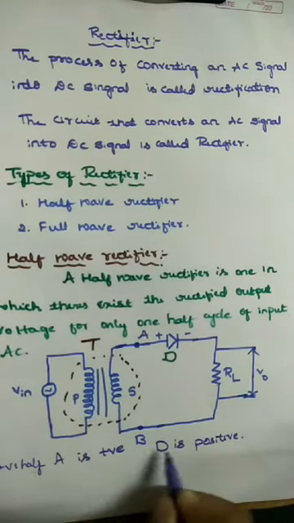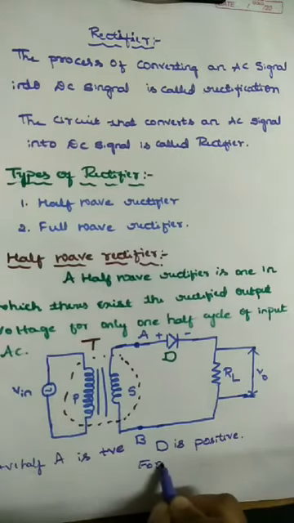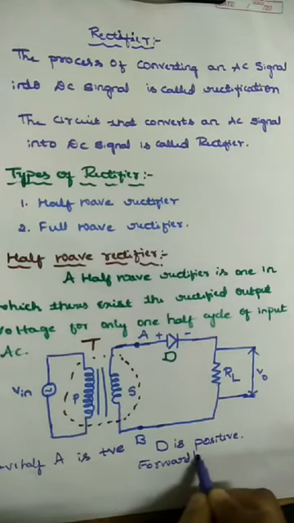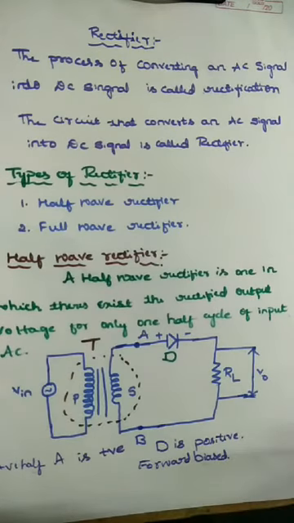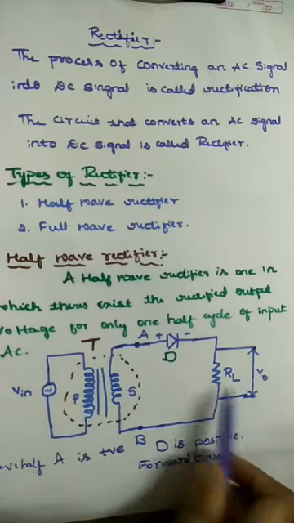So in the positive half cycle, it is forward biased and it conducts. As a result, output is obtained across the load resistance RL.